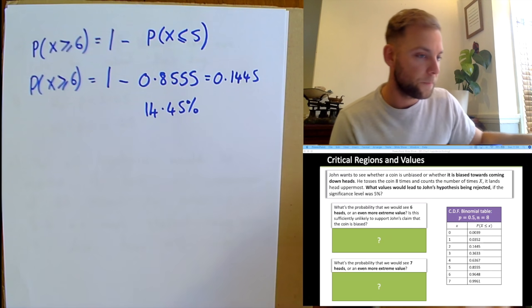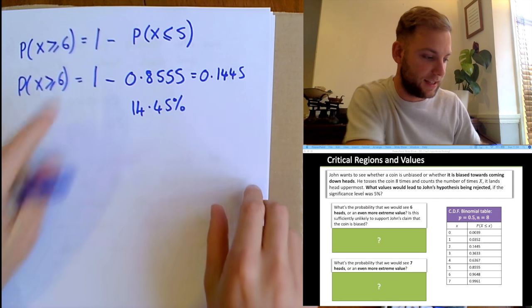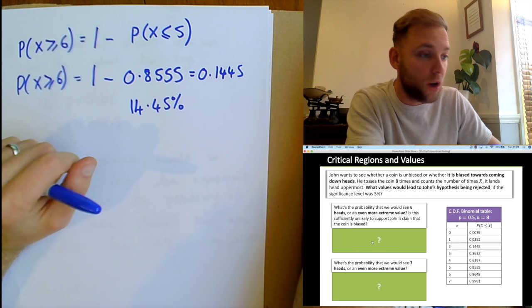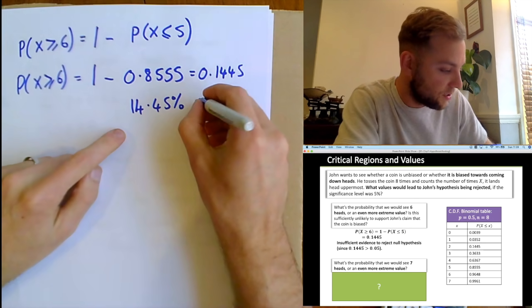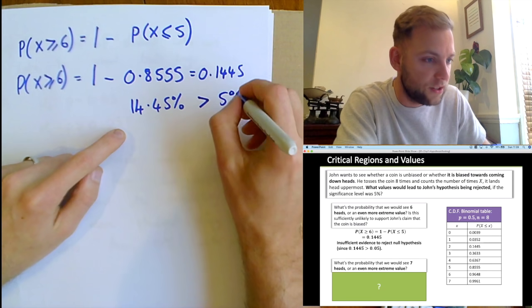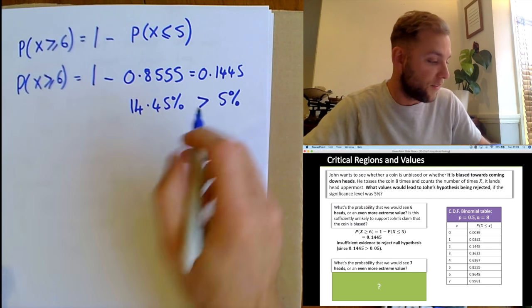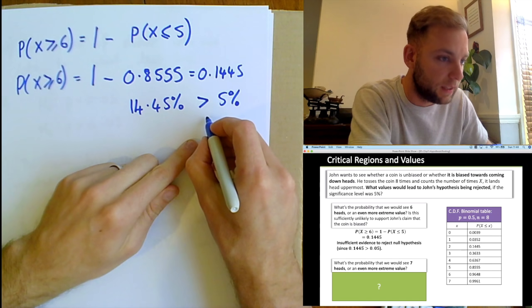Okay, so the answer here is that this is the probability of getting 6 or more extreme values. And actually, this does not support John's claim, because this here is greater than the 5% that he wants. They've done it in terms of decimal there, but 14.45% is greater than the 5%. I'm going to write here significance level, just to make it really clear.